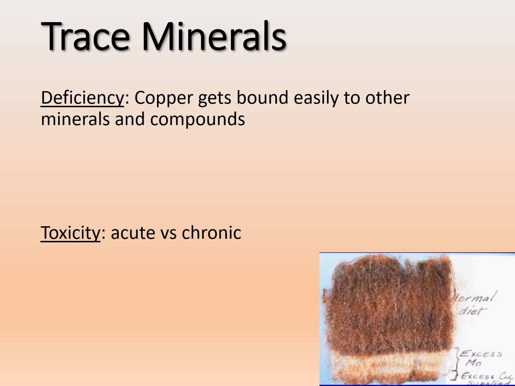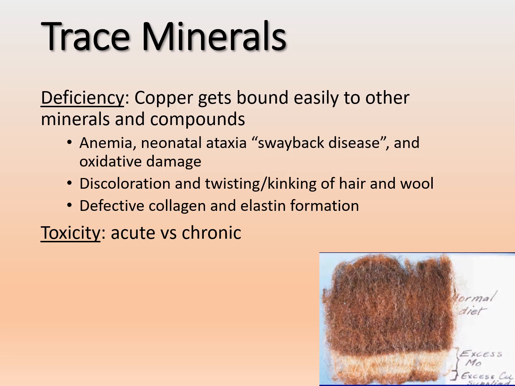So let's talk a little bit about deficiencies and toxicities with copper. So copper, you may not get a true deficiency in terms of not enough copper, but it can get bound up easily with other minerals and compounds, meaning it'll bind it up and make it useless, right? So you can't use it in the places where you need it.